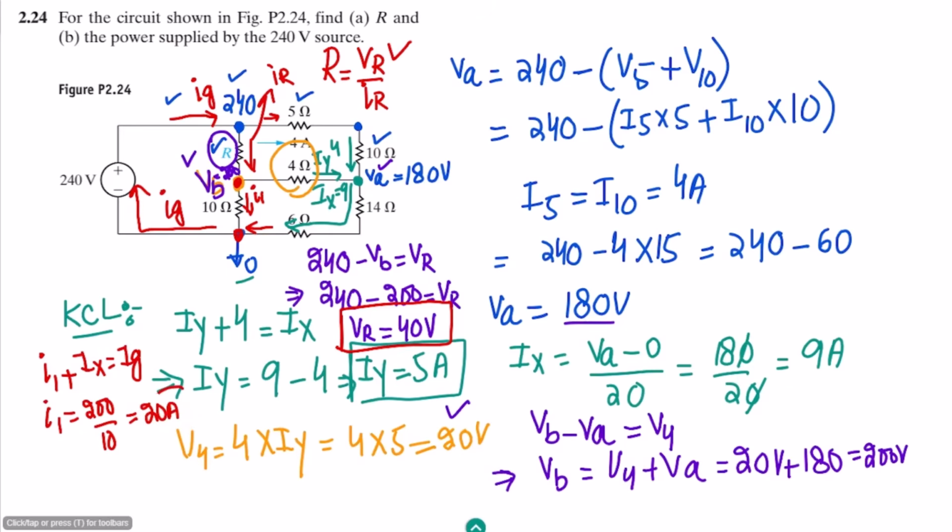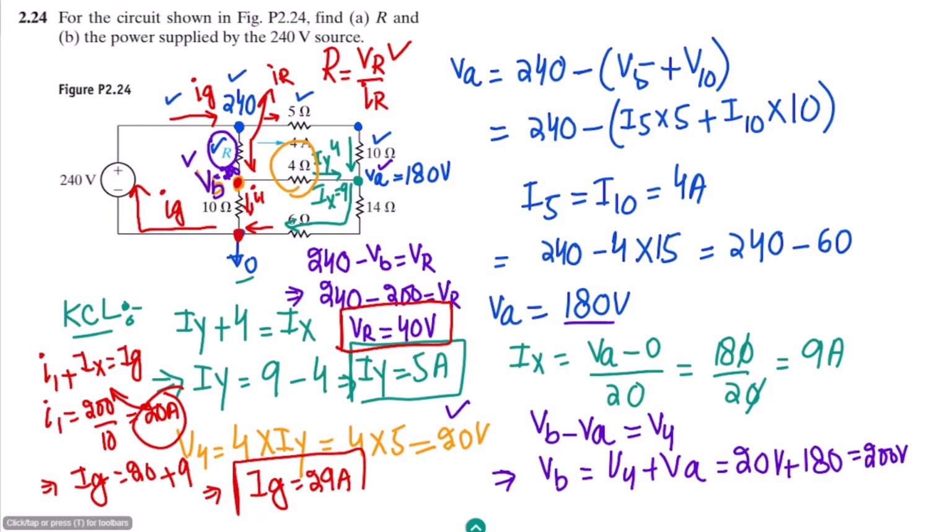Taking it and putting it here, the value of IG would be equal to the value of I1 which is 20, plus the value of IX. How much is IX? That is 9. So we can clearly find out the value of IG, which is 29 amps. So this value is also known.